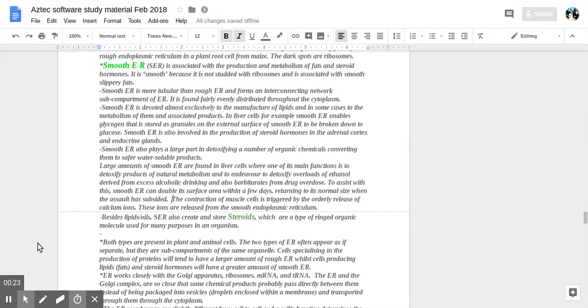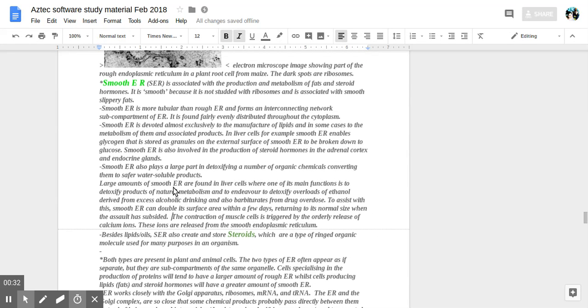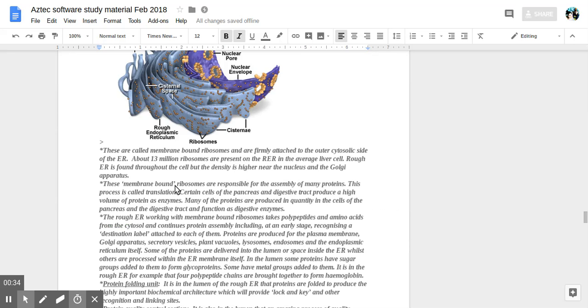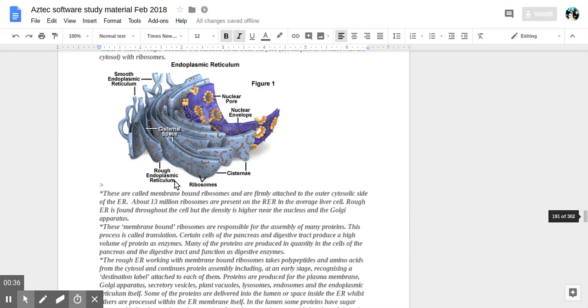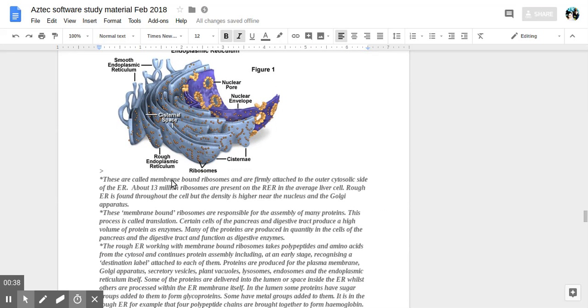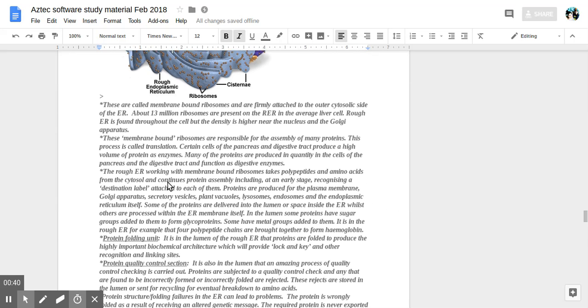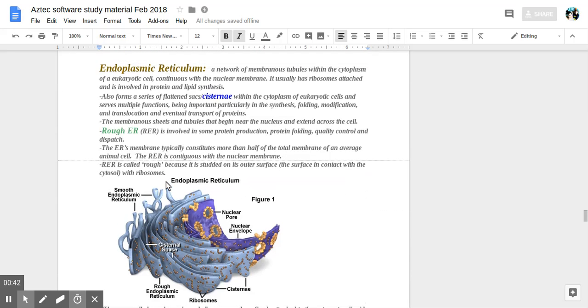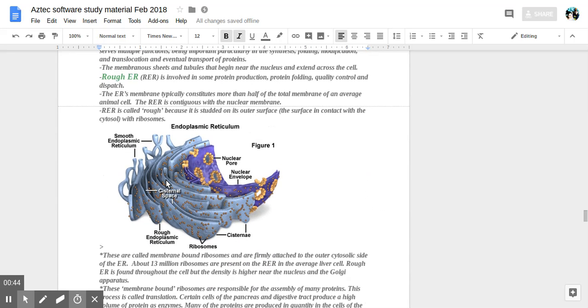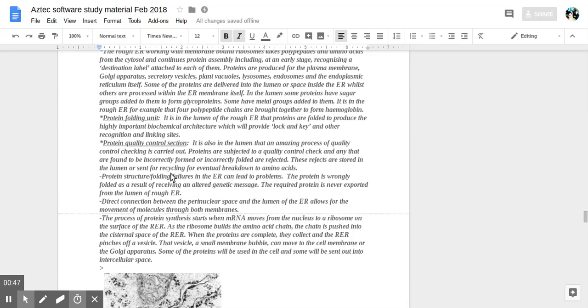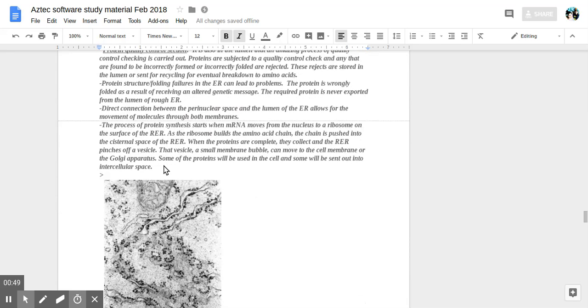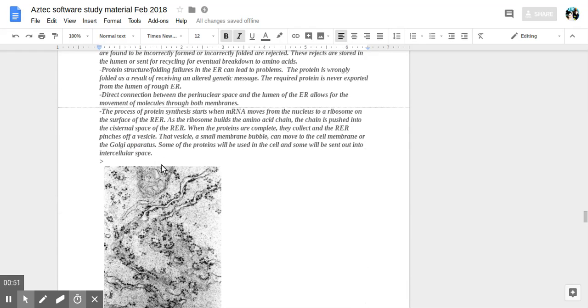We're continuing with life science and cell biology in a nutshell. We are learning about the endoplasmic reticulum. We saw what it looks like. It has cisternae or folds. They're flattened sacs which hold the ribosomes, which are used for protein production.